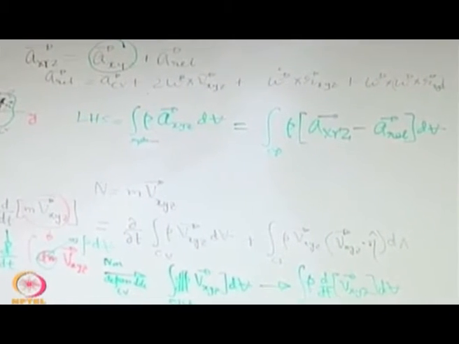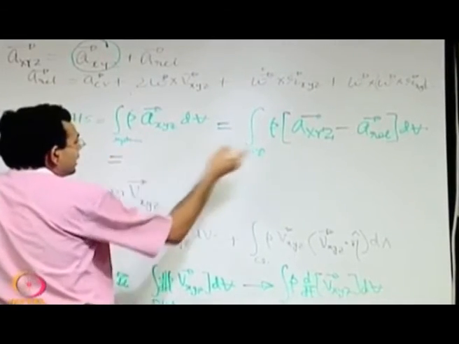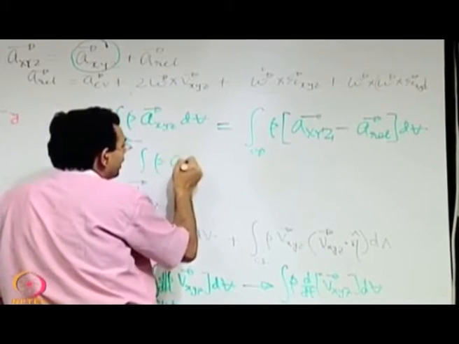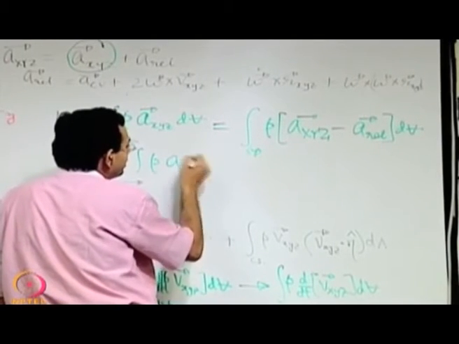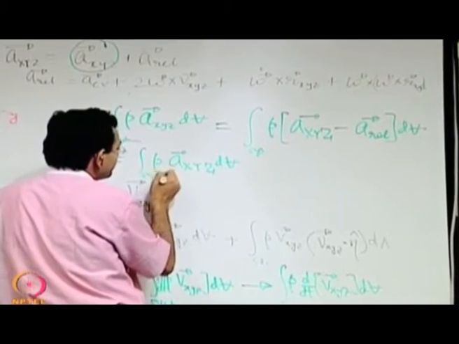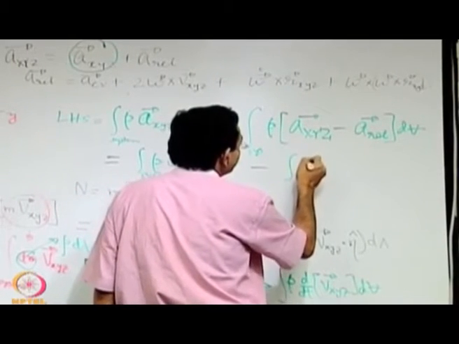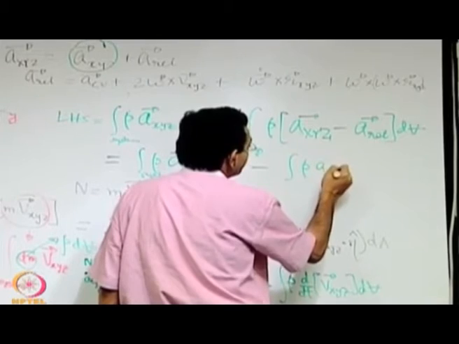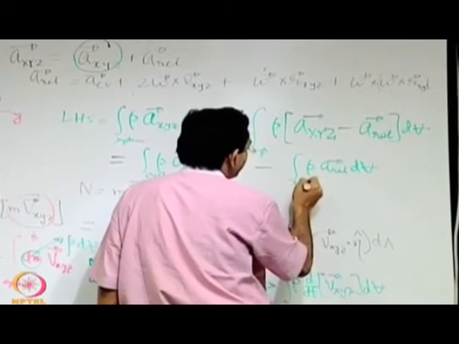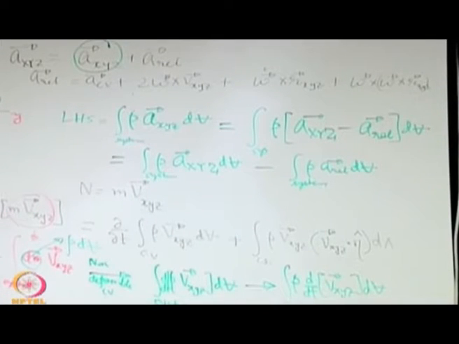So, when you take this integral of rho a capital X y z dV for the system, and minus the second term, then what are the implications of these two terms?